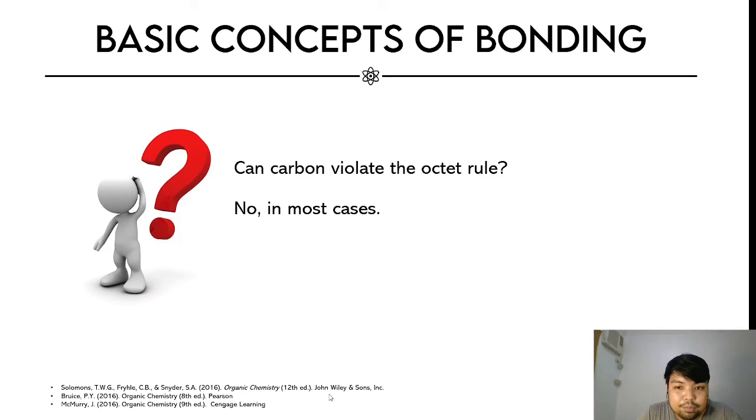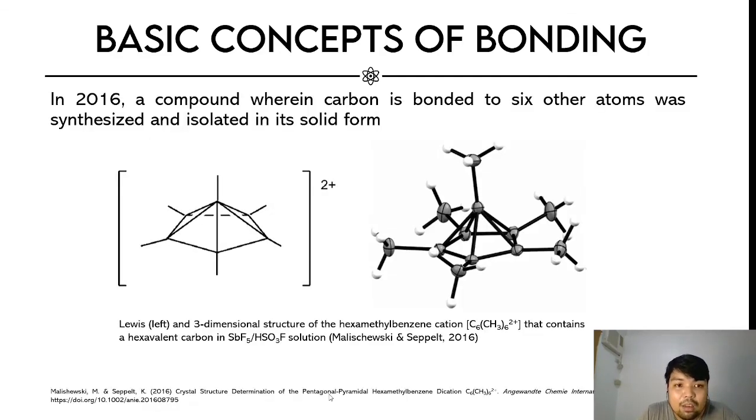However, recent researchers have shown that it can go beyond 8 electrons, and a compound wherein carbon forms more than 4 bonds has already been synthesized. This is the compound I am talking about, wherein carbon is bonded to 6 other atoms, and it was even isolated in its solid form.